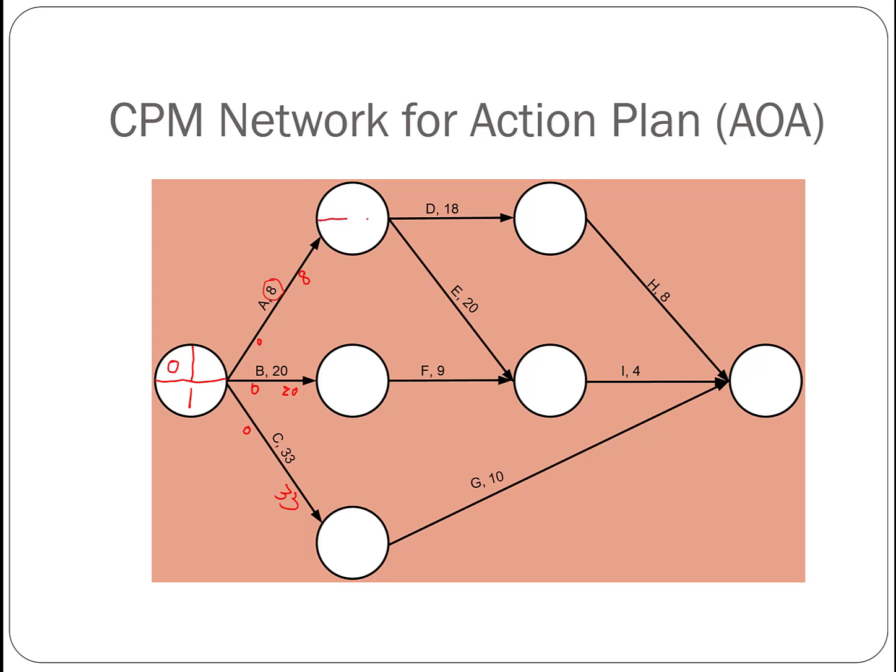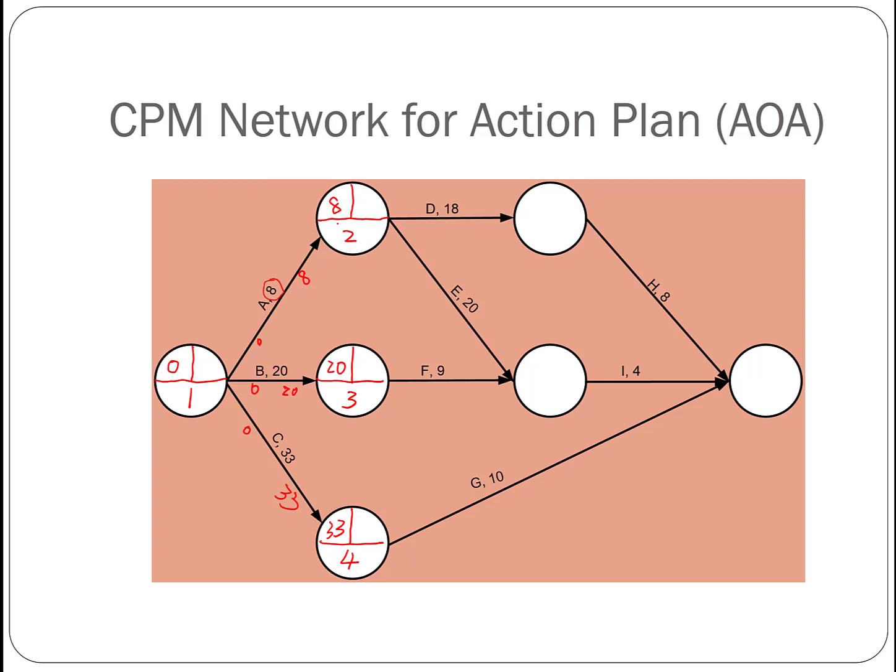So we use the early start time of an activity plus its duration to get its early finish time. And for the following events, event 2, 3, and 4, since there's only one activity that goes to each of those nodes, that activity's early finish time will become the early time of that node. So what does that mean? Take node 2, for example.